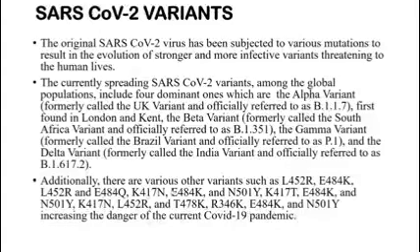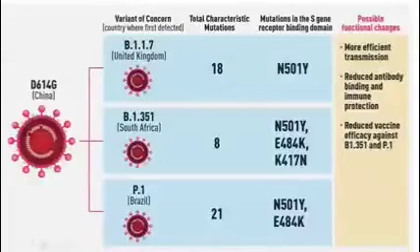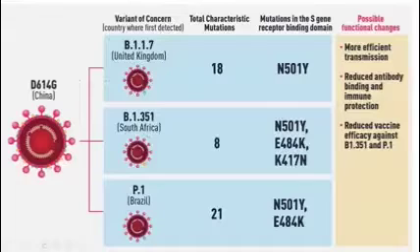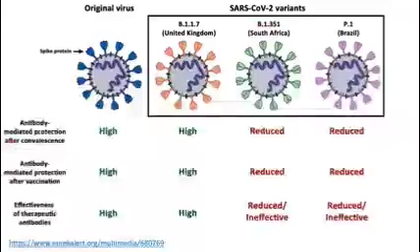You can see the various variants: the UK variant, the South Africa variant, the Brazil variant, and the Indian variant. They are the most prominent and dominant variants of the SARS-CoV-2 virus.